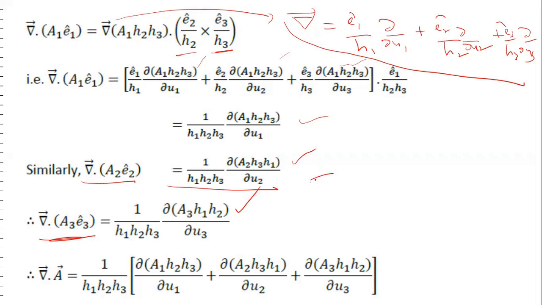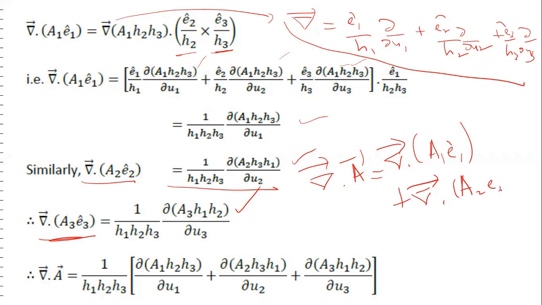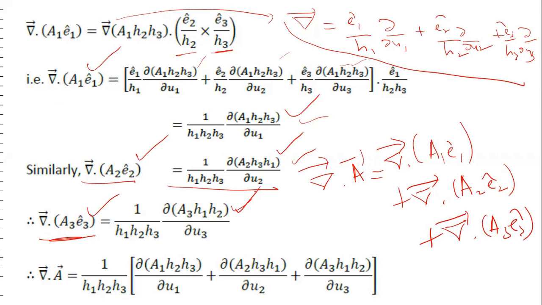So divergence of A will be divergence of A1 e1 cap plus divergence of A2 e2 cap plus divergence of A3 e3 cap. So this you have deduced as this, and similar to this calculation here, you can follow this and you will get this. So you can work it out. This calculation for divergence of A is shown here.